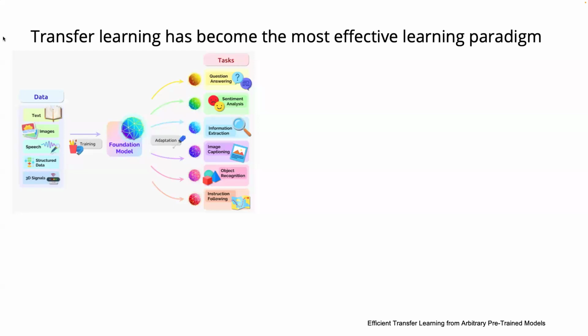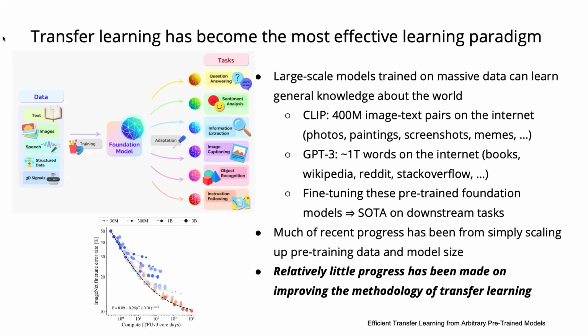How can we transfer it to a different model, and how can we transfer it to a small model? Most of the effort for any institute or big tech company is focused on the large scale model, trying to scale it large and release the foundation model so that it can break the internet. There is very little effort on improving the technology for transfer learning itself.